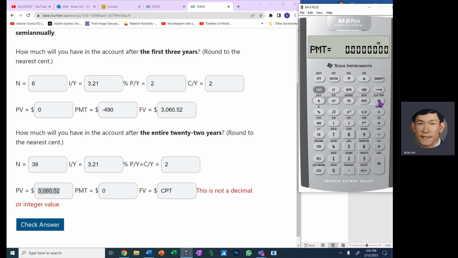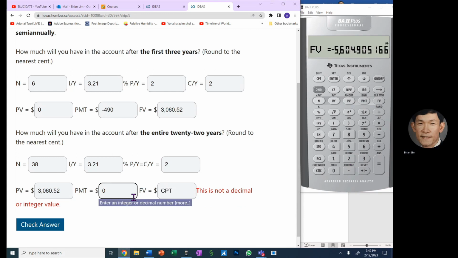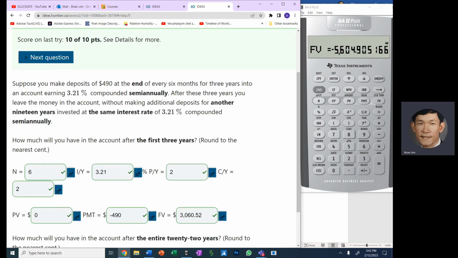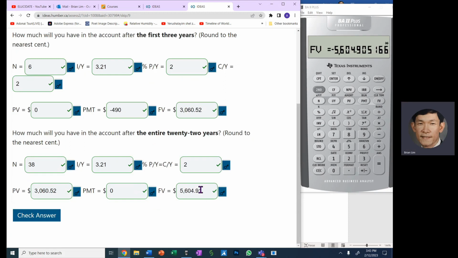And then we compute the future value, and that should be the correct answer, $5,604.91. That would be the correct answer, rounded. And let's check it, and it is correct.